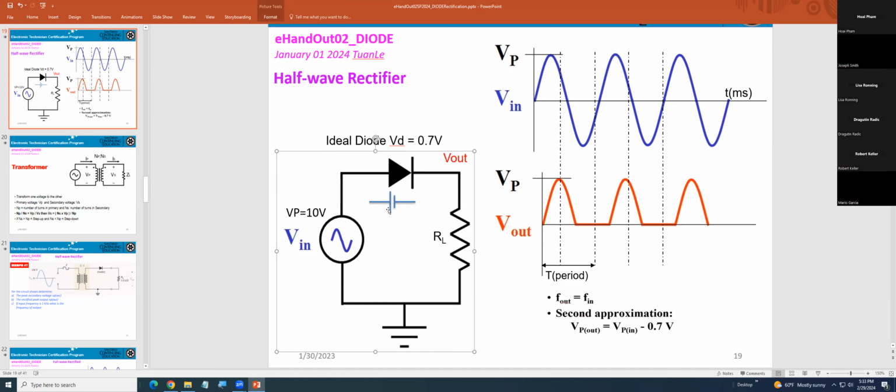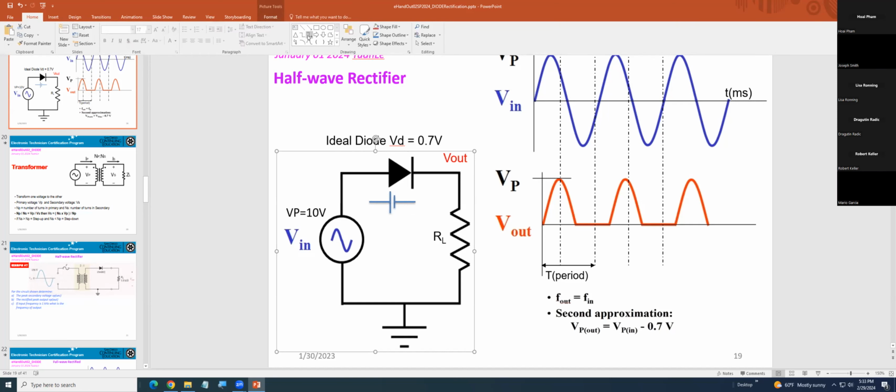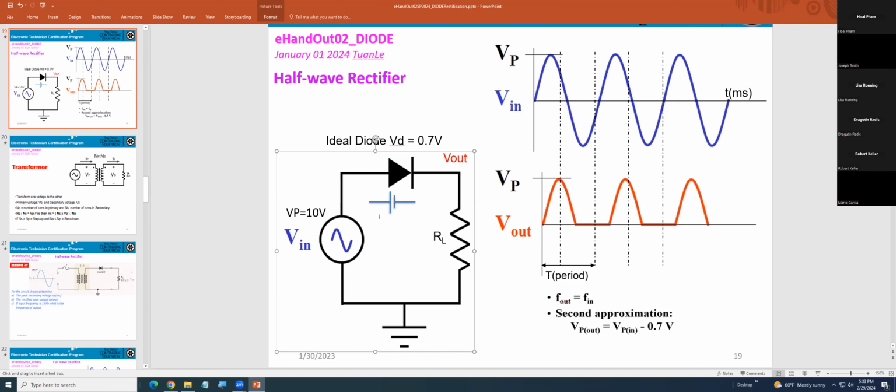Now the value of the diode is 0.7 volt here, with positive on this side and negative on this side.